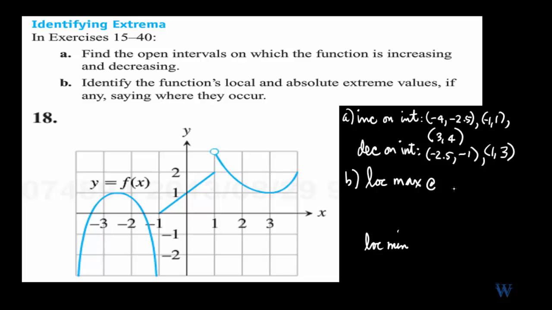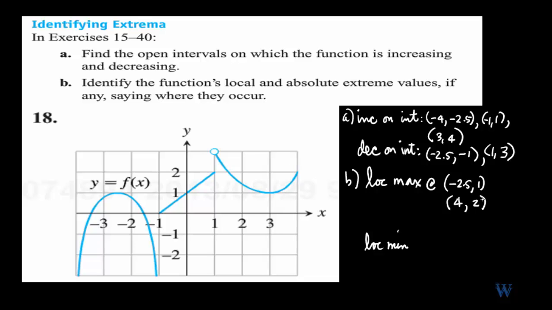Well, that's a local max. So you've got it at the point -2.5, 1, right? Because when x is equal to -2.5, y is 1. Then what's the other one? Going up, so when x is 4, y is 2.